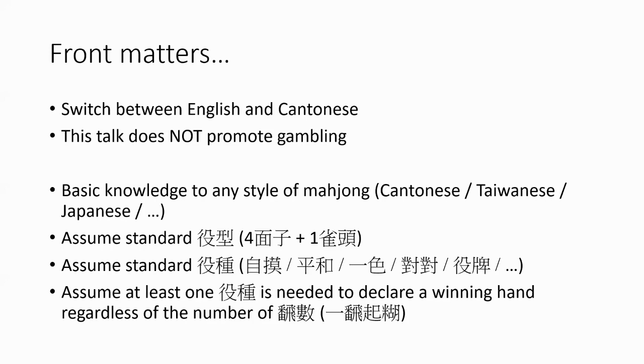So do bear with me that when I refer to those terms, I might simply be speaking in Cantonese, okay? But other than that, I will try to keep English as the main medium for this talk. And at the same time, this talk does not promote gambling, okay? The objective of this talk is to use mathematics as a tool so as to improve your skills of playing Mahjong, okay?